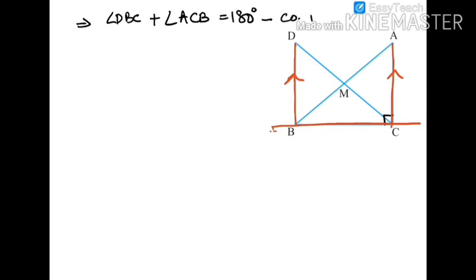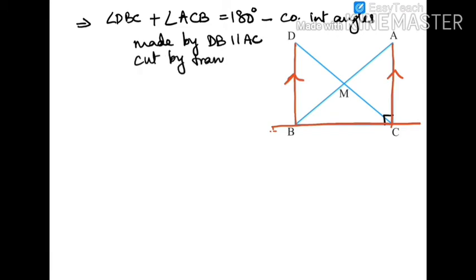Reason: co-interior angles made by DB parallel to AC cut by transversal BC. It is important to mention which transversal is making these co-interior angles, because there are many transversals in this figure to the parallel lines DB and AC.